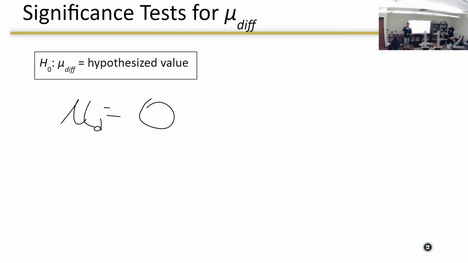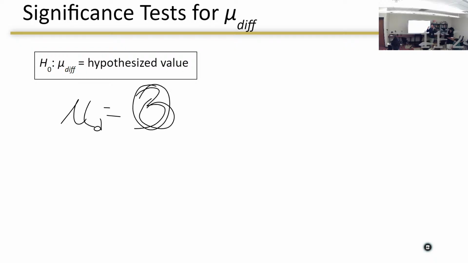And the claim was that the course will increase their GPMs by 3. So that one would be 3, not 0. We thought that was too much, we didn't think it would improve it by 3. So Ha would be less than 3.